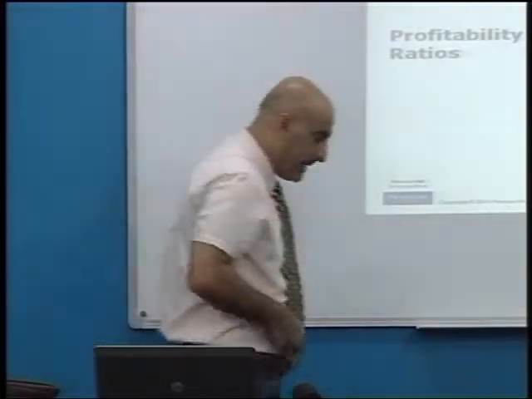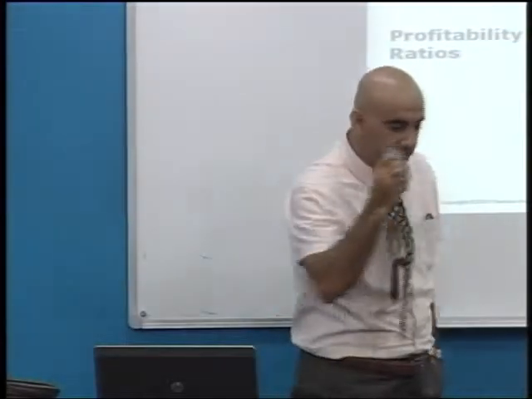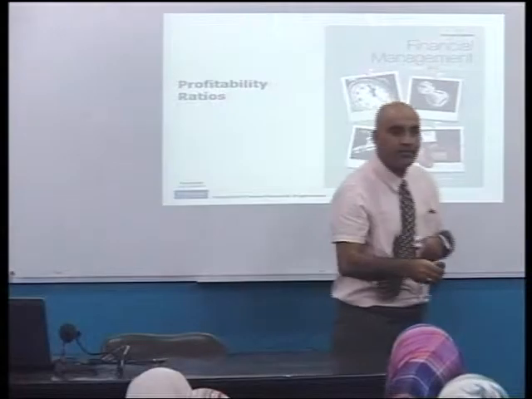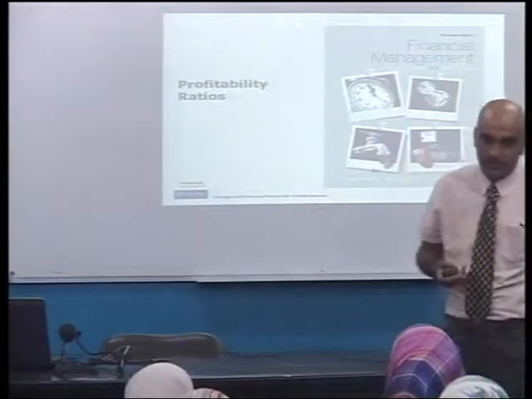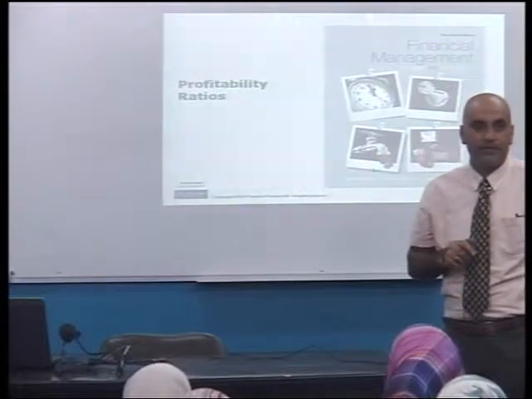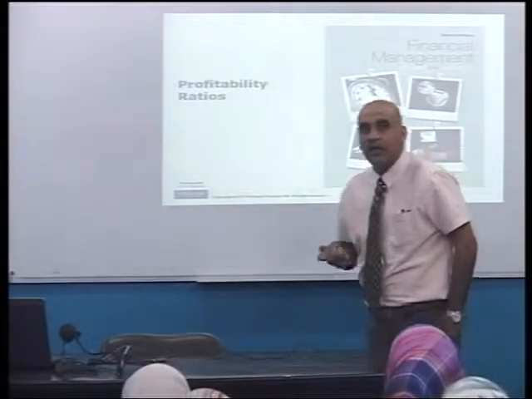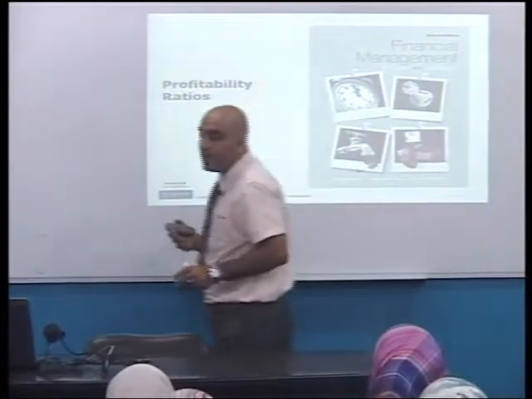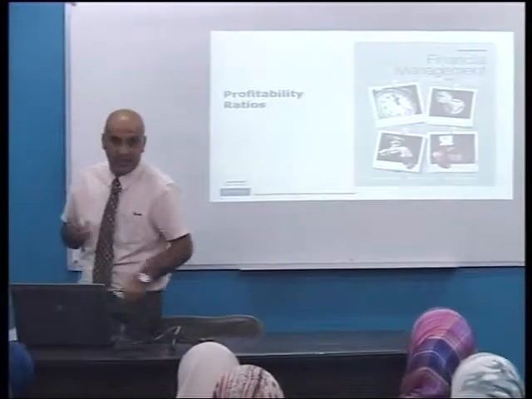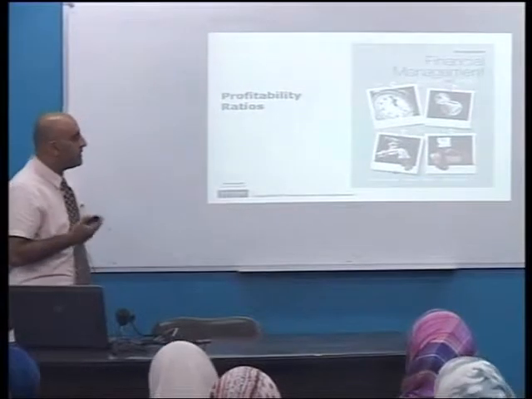Okay, the profitability ratios measure the extent to which a business generates profits from different areas: from the gross, from the operating, and after paying interest and taxes. And this is the main thing.